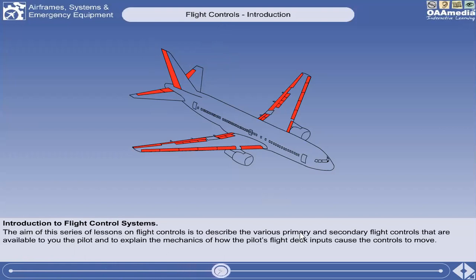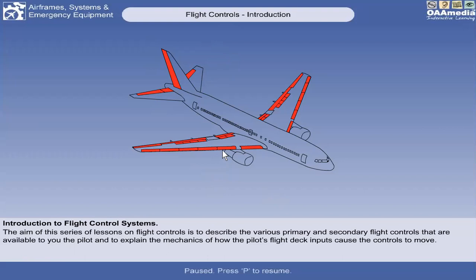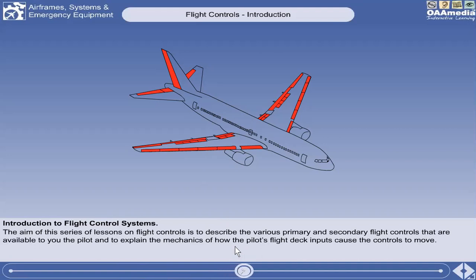Okay, so basically, in regards to this module, we will describe the various primary and secondary flight controls ng isang aeroplano. Why flight controls have the effect that they have on the aircraft is outside the scope of these lessons. We will only touch on the theory here when it is necessary for reasons of clarity.